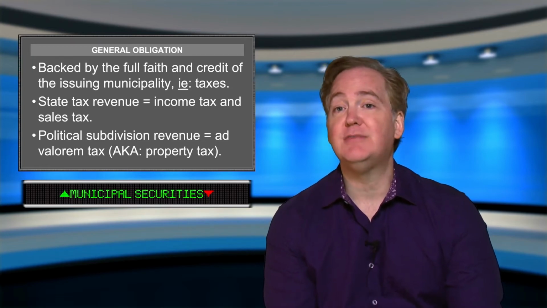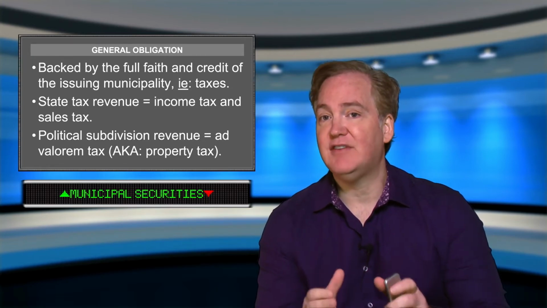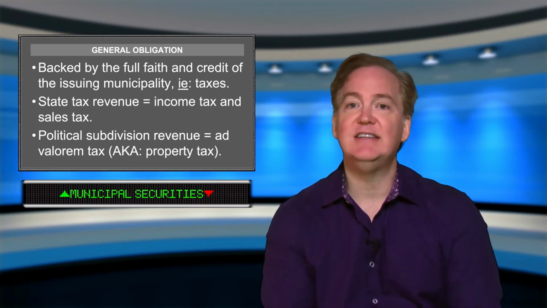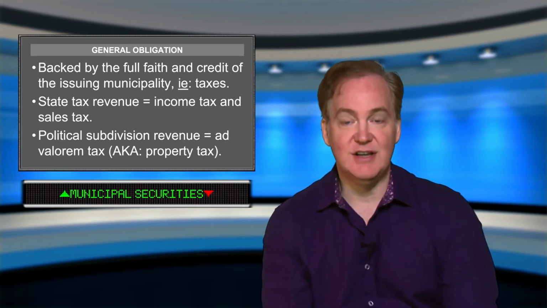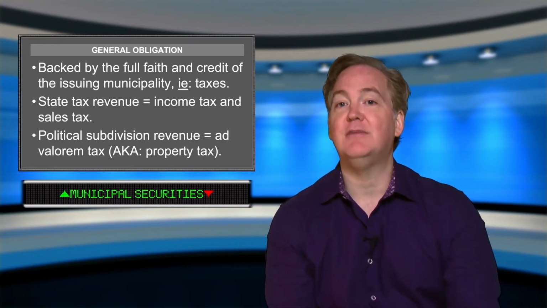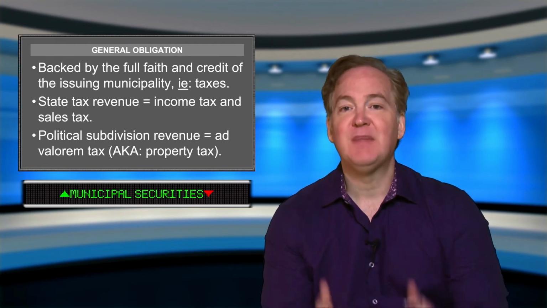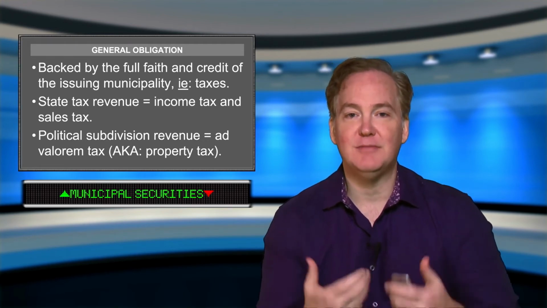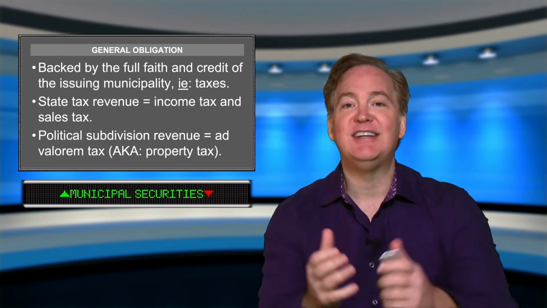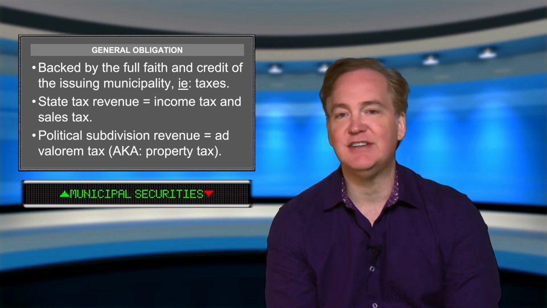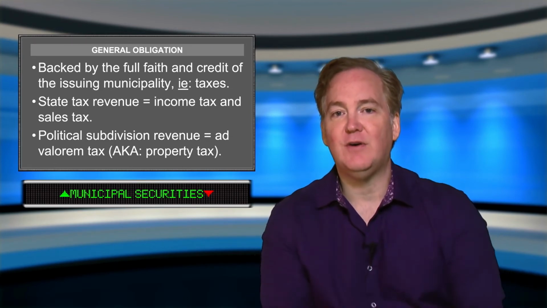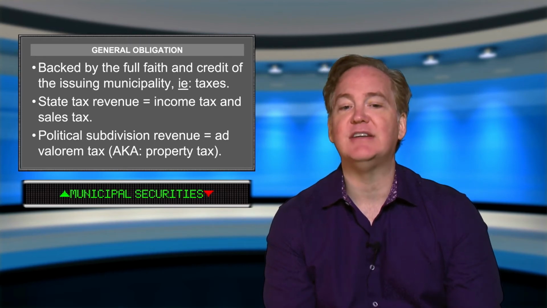So general obligation bonds are backed at the state level by sales taxes and by income taxes. And some of you lucky viewers out there may be sitting in a state that has no income taxes, and we're very envious of you, but the test doesn't take that into consideration. They feel that all states have income taxes.